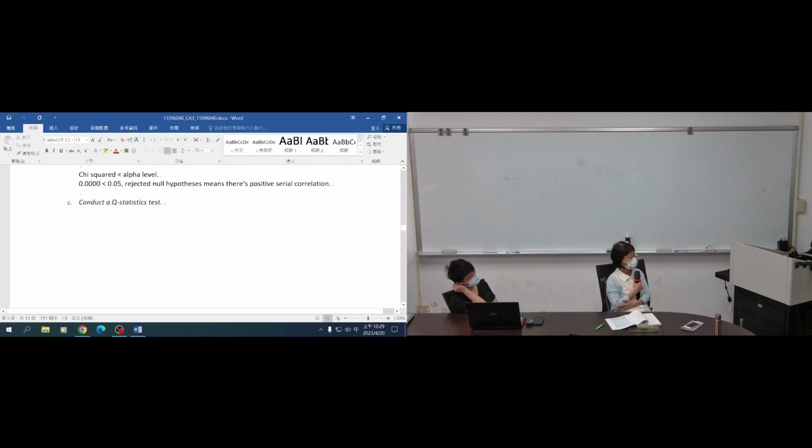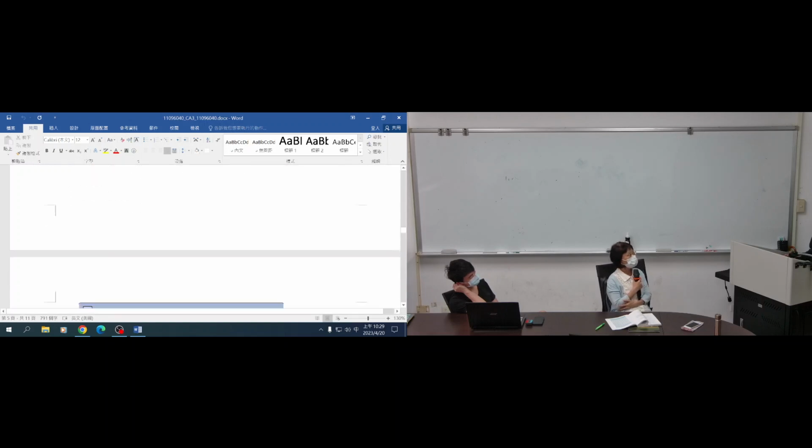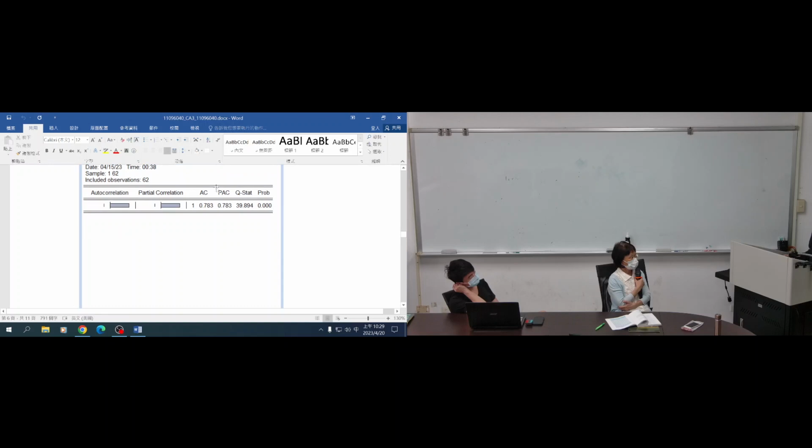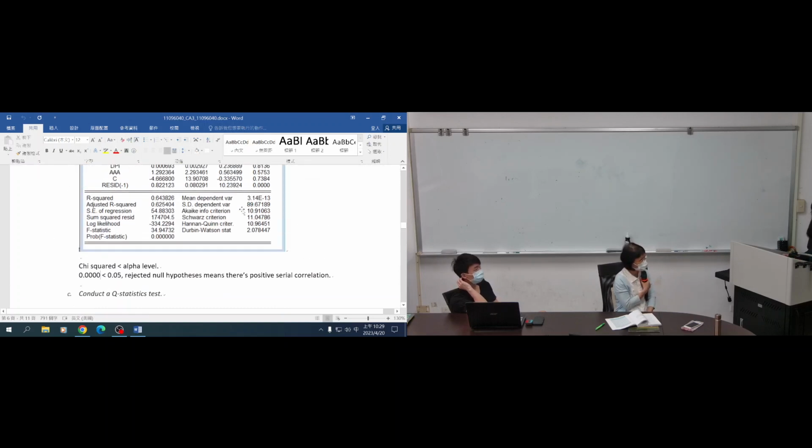And for the Q statistic test, I got this number, and the Q statistic here is the same as the LM test above, and the probability of the test statistic was 0.000. Is this number exactly the same as the LM or somewhat different?